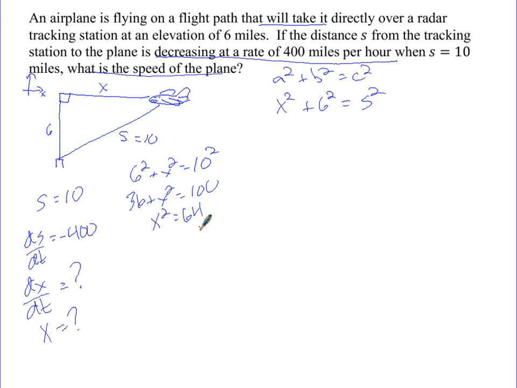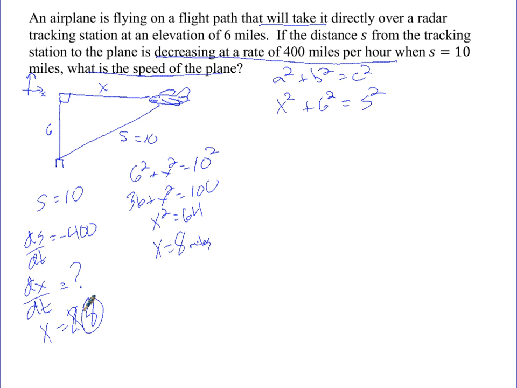And we square root both sides and we get x equals, technically plus or minus 8. But we're talking about distance here, so it's just going to be 8. And that's miles. Incidentally, that makes this a 3, 4, 5 right triangle. They pop up all the time. Okay, so now we know that x is 8 miles. And now we know everything we need to know to solve this problem.